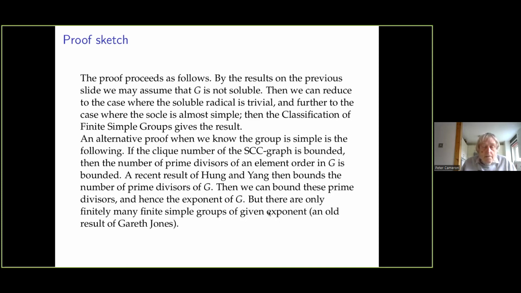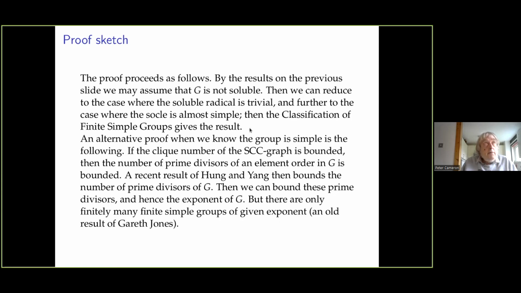So that was the argument that Benjamin originally suggested, that you can do it directly by just looking within the finite simple groups to see what sort of clique size you can have. So that's probably our biggest theorem.